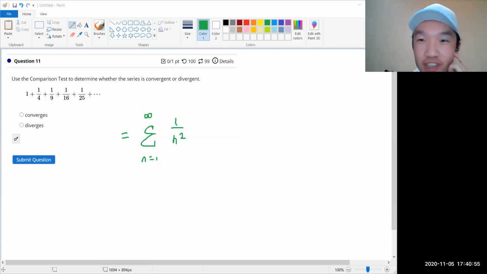I'm pretty sure you don't even need to compare it to anything. I don't know why this question wants the comparison test. You don't really need to use the comparison test here. So this is convergent.